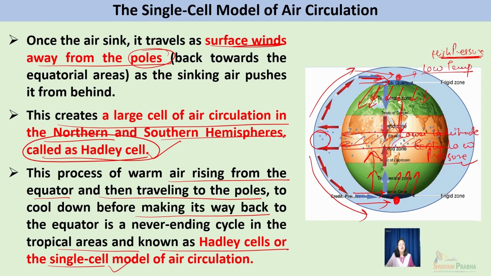So it is still not that complicated a model, and through this single cell model both the horizontal as well as the vertical component of air circulation were discussed by Hadley in 1735.